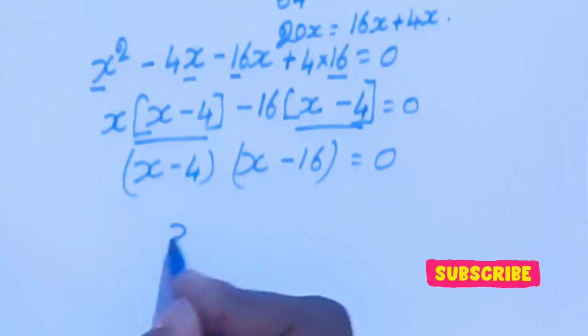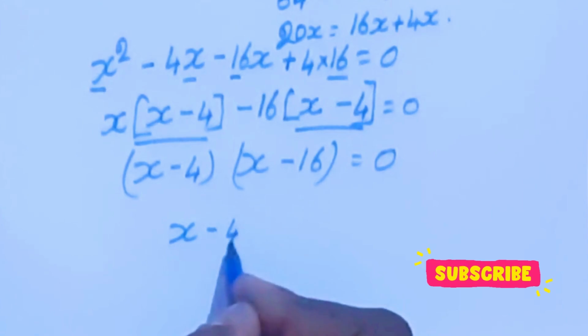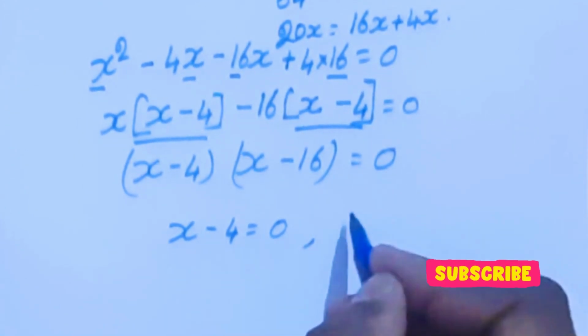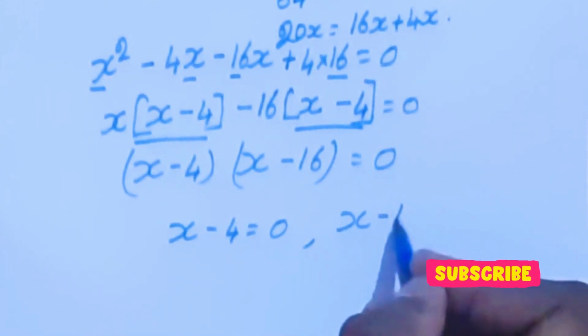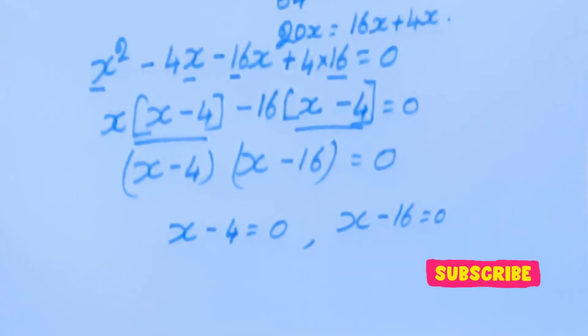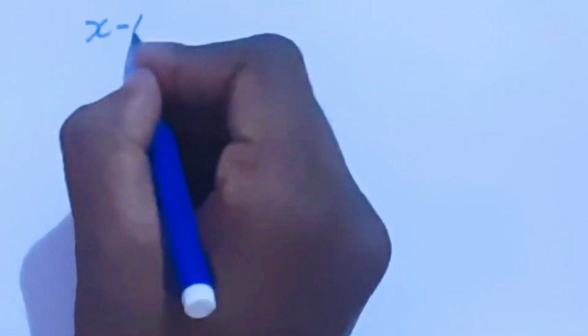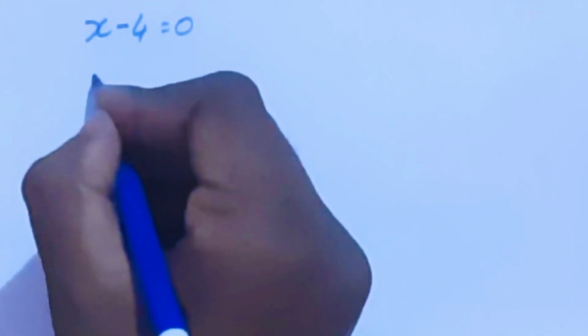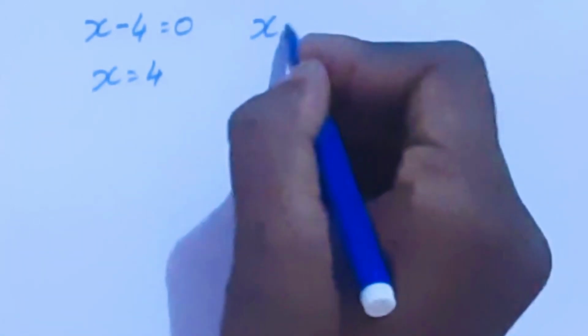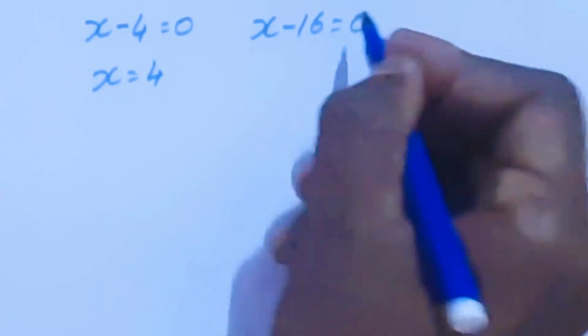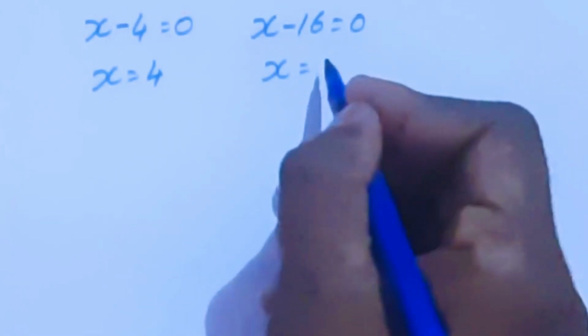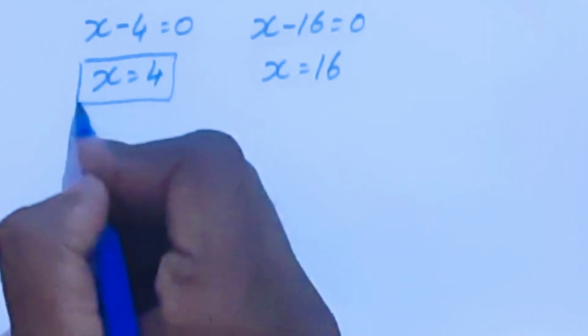Here we have two equations, one is x - 4 = 0, the other one is x - 16 = 0. From x - 4 = 0, x = 4. From the other equation x - 16 = 0, x = 16. These are the possible answers.